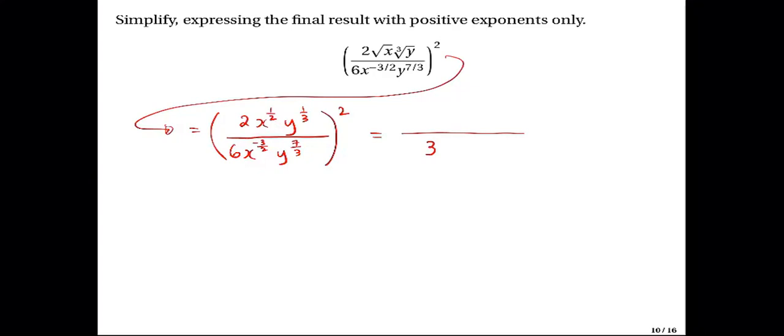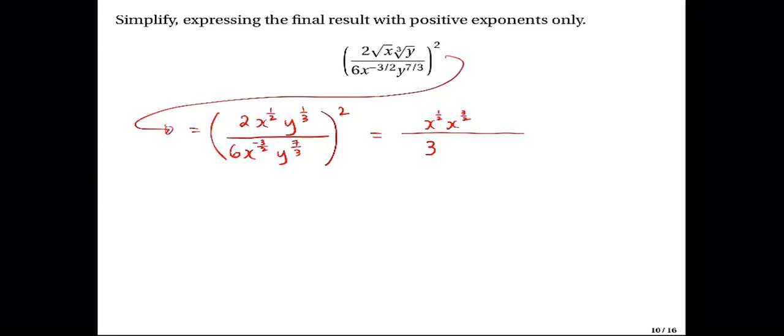Because if I add 1 half plus 3 halves, that's a positive number. So I'll bring that x raised to negative 3 halves from the denominator going to the numerator. So I will have here x raised to 1 half and then x raised to 3 halves.